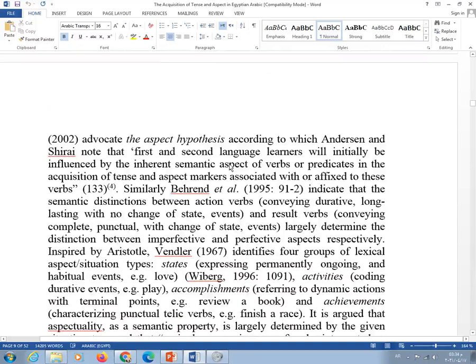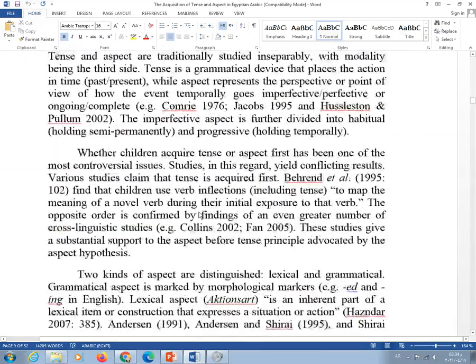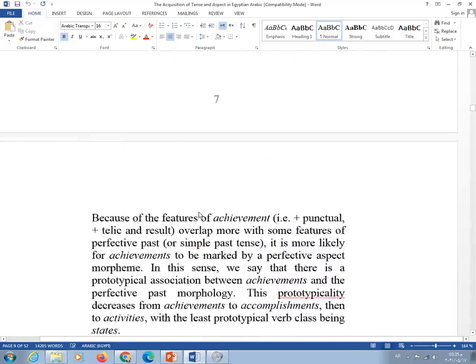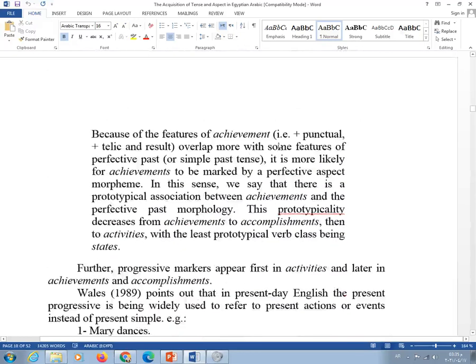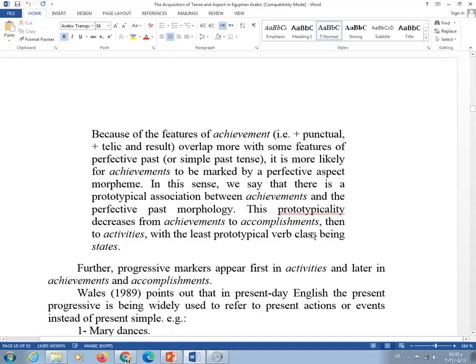It says that because of the features of achievement, the punctual verbs are acquired first, then achievements, followed by accomplishments, then activities, and then states.